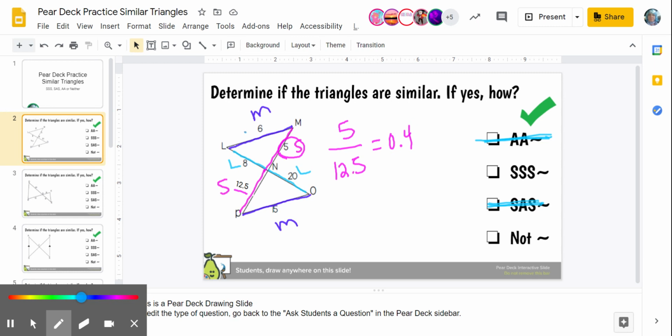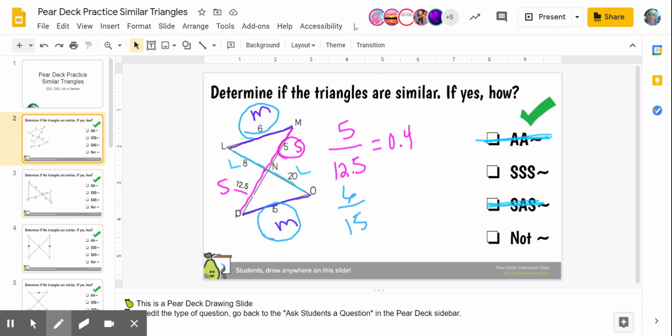And if I started with the 5, I got to start with the 6. So 6 over 15. What's 6 over 15 as a decimal? 0.4. So just like in A1 on the homework, we've got, oh, I need the large sides now.